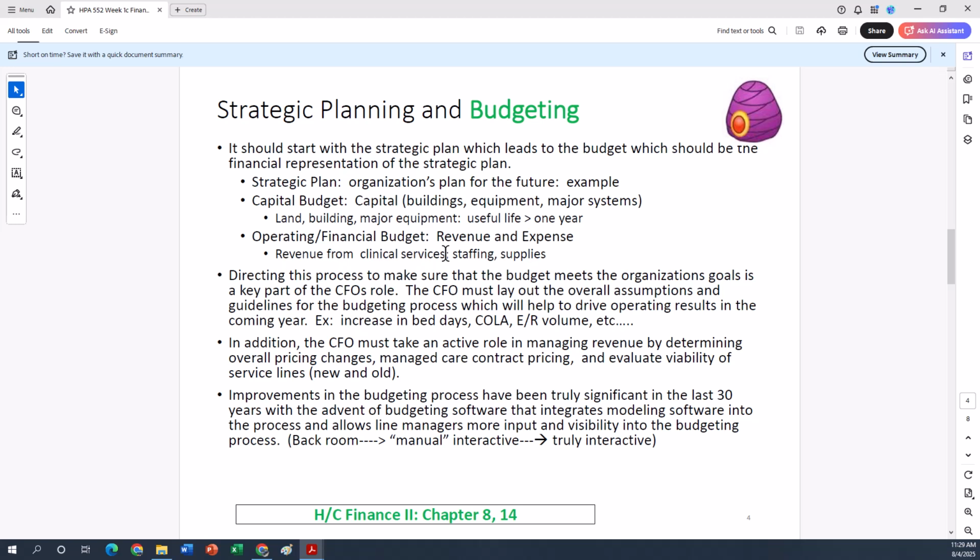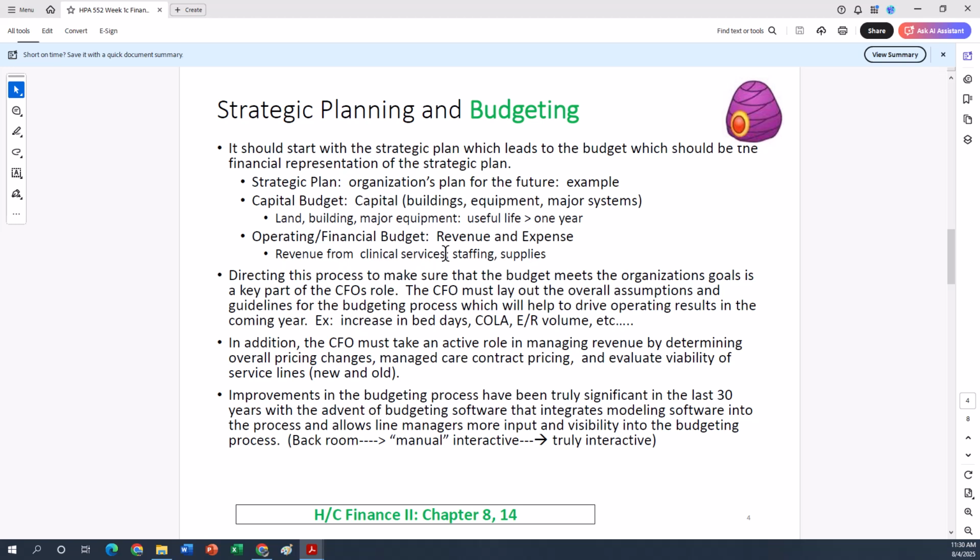You've got your strategic plan, then you've got your capital budget, your operational, your financial. Directing this process is the role of the finance department. They should help coordinate the overall assumptions that are used by staff. Again, we'll talk more in detail.